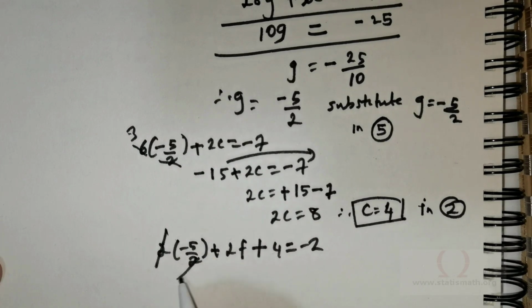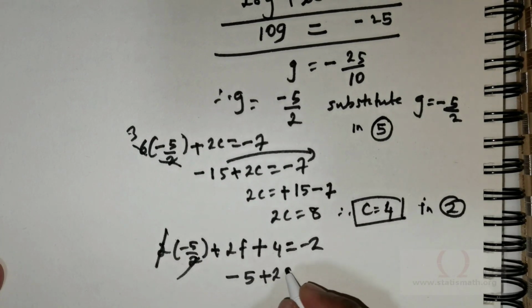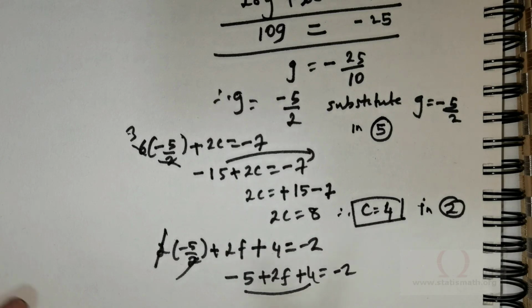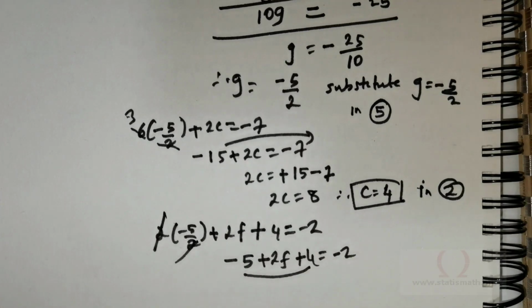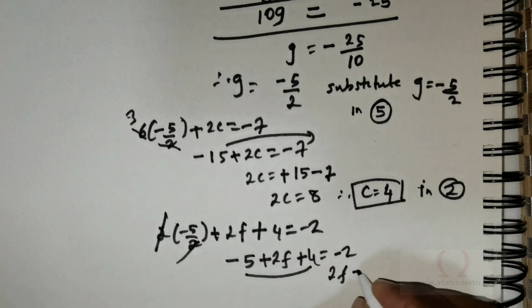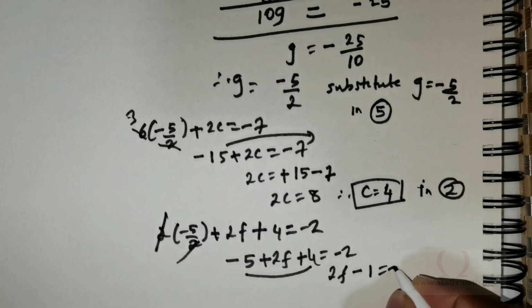So the 2's can be cancelled, giving me negative 5, plus 2f, plus 4 is equal to negative 2. 5 with a negative sign is added with 4, and that gives me 2f negative 1 is equal to negative 2.